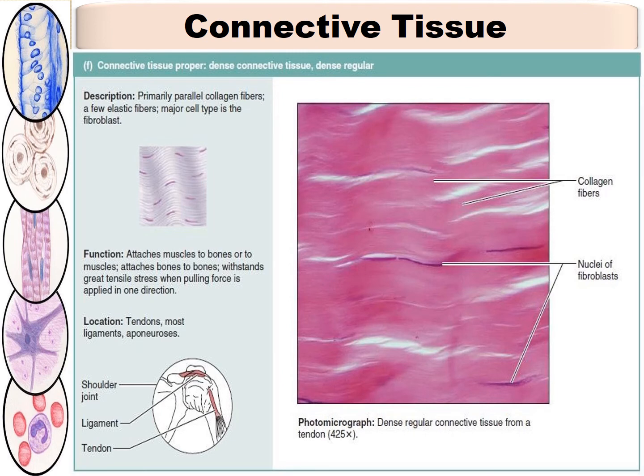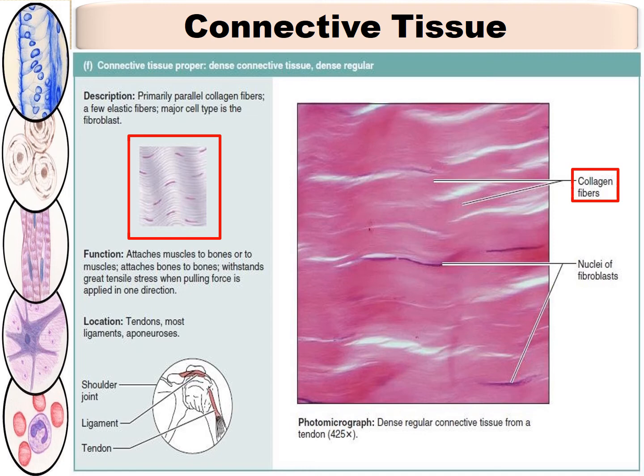Then the sixth type of connective tissue is the dense regular connective tissue proper. It is composed of primarily parallel collagen fibers with a few elastic fibers, and the major cell type is the fibroblast.